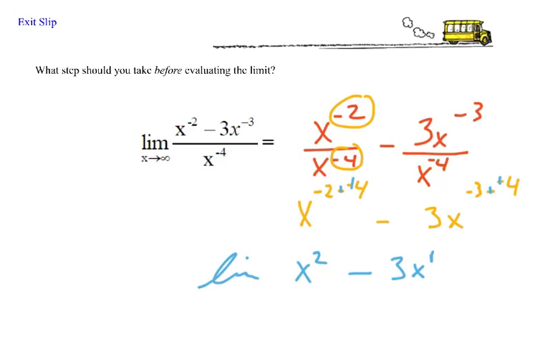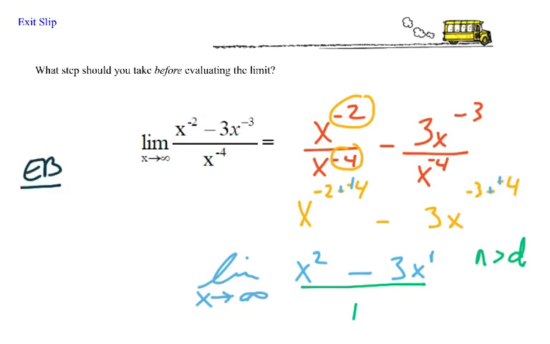So this very complicated problem here is really just the limit as x approaches infinity of x squared minus 3x to the first power. Well, now there is no denominator. My denominator is 1. So that means that my numerator is automatically greater than my denominator. So we have to come back and use our end behavior rules.